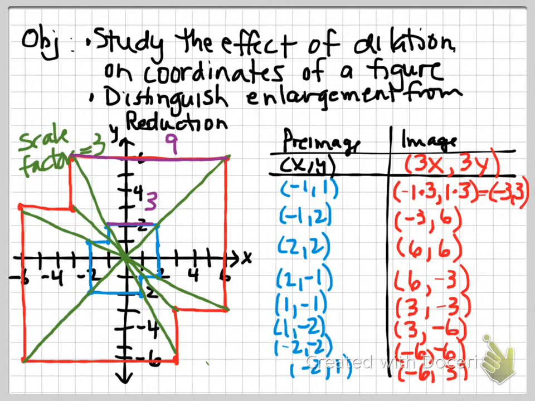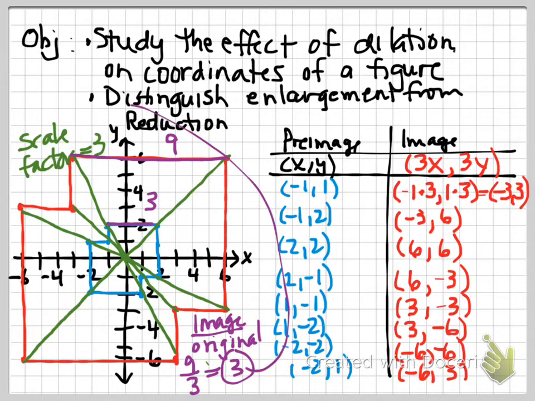And we had talked about comparing the image to the original or pre-image, and we would have 9 divided by 3, which gives us 3. That takes us back to how we can calculate a scale factor, even though they kind of did tell us in the chart that that was going to be our scale factor.